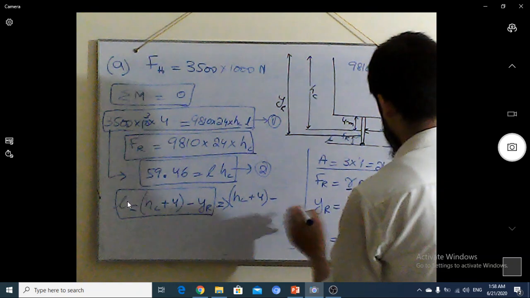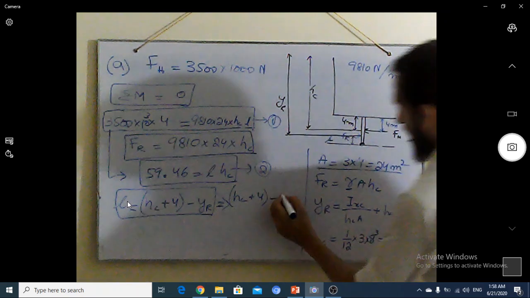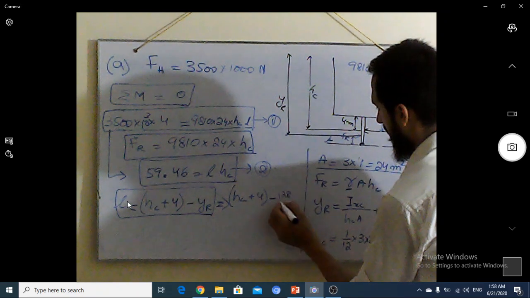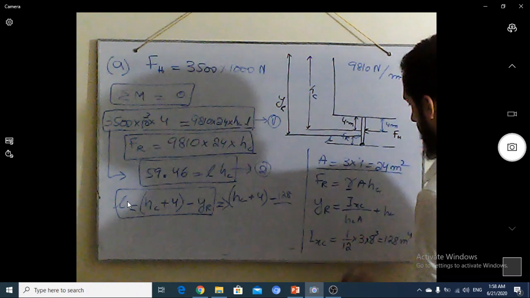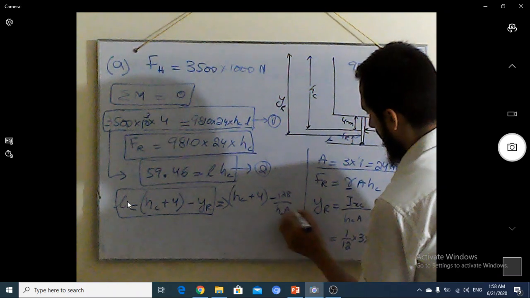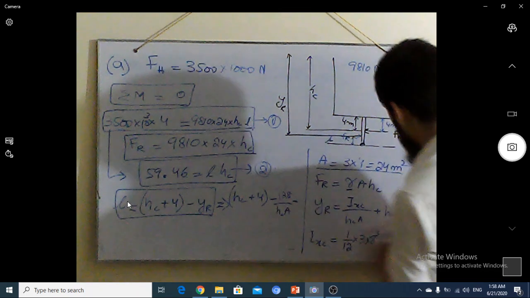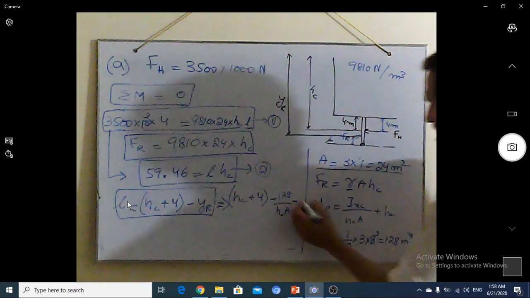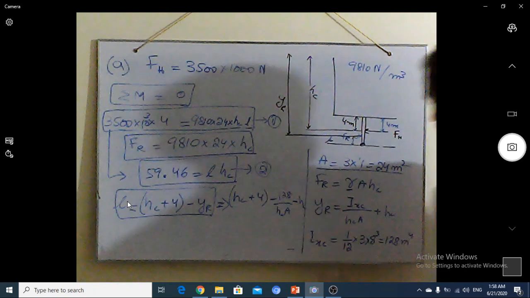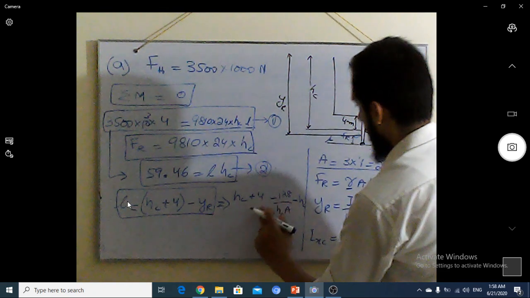YR will be equal to, as we determine the value of IXC as well, 128 over HC A, again with a minus sign HC. If I open this bracket, what happened?